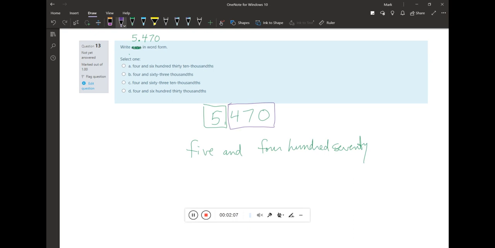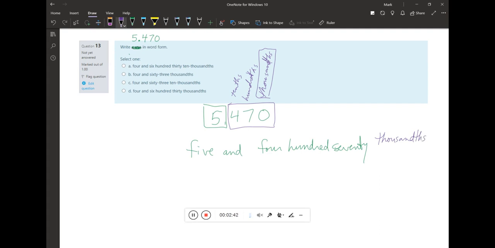So when we get to this place, because this is the tenths, hundredths, thousandths, what this means is we're always going to go to the furthest part on the right, and that's going to tell us what we're counting. In this case, we're counting thousandths, and it's saying there's 470 thousandths.